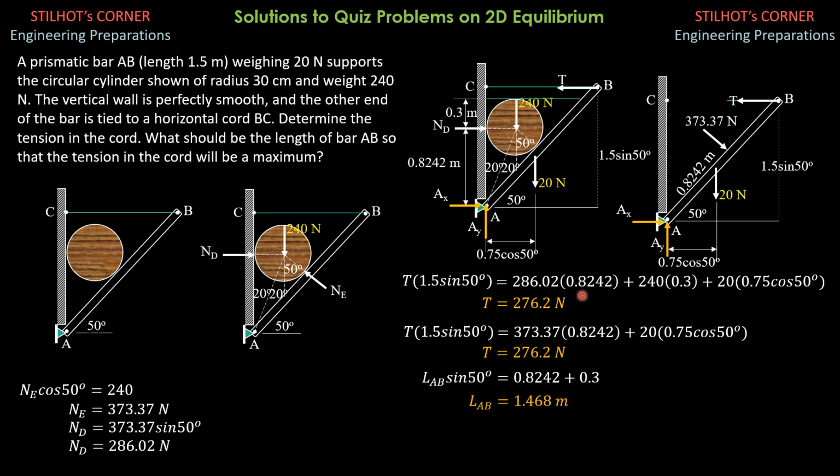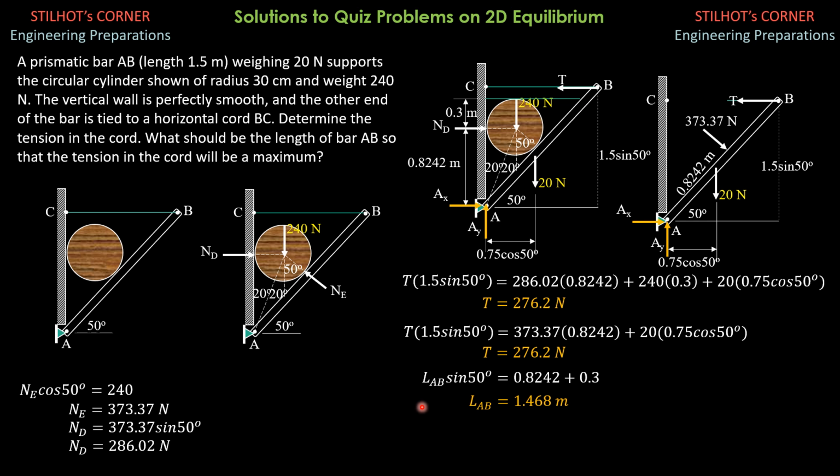So summation of moments about A equals 0. Counterclockwise moment equals clockwise moments. For the clockwise moments, we just consider these two forces here. So the normal 373.37, moment arm 0.8242, plus 20 times 0.75 cosine 50 degrees. Using your calculator, the tension is 276.2 newtons.